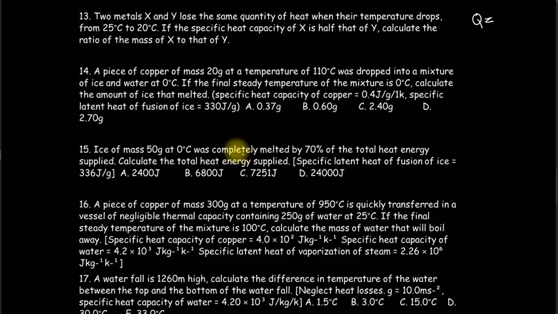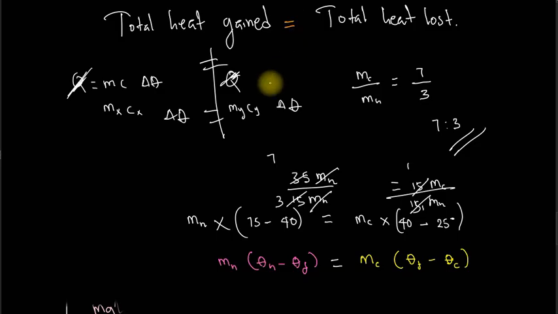So let's move on. What did they say? Temperature drops 25 to 20, so the change in temperature is 5 degrees. If the specific capacity of X is half that of Y, so we are saying Cx is equal to half that of Y, it's also Cy over 2. Cross multiply, I have 2Cx is equal to Cy.